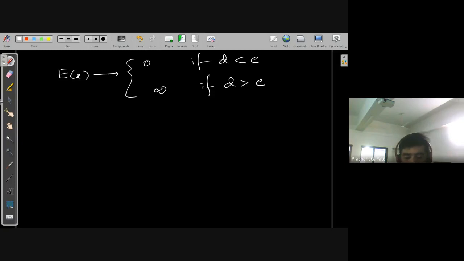So we have isolated vertices if the value of p is ln n by n. If the value of p is ln n by n, then still the graph will have isolated vertices.